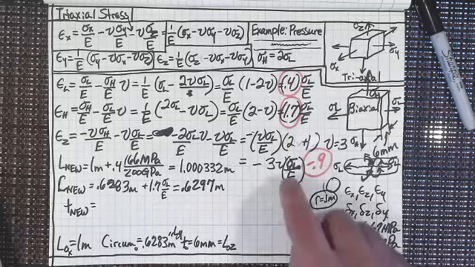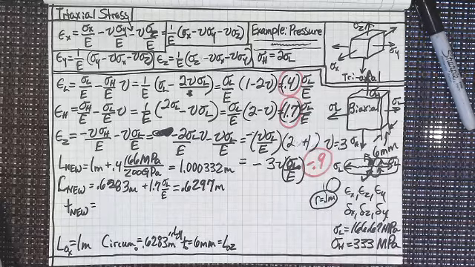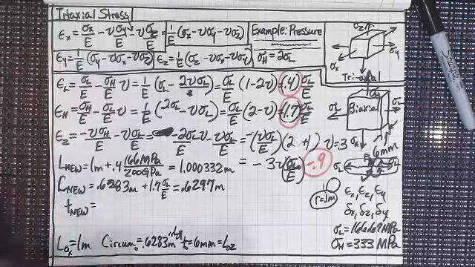Right, that's the strain. Now I've got to multiply this times 0.006. So that comes to literally nothing, but I'm still going to put it up there.